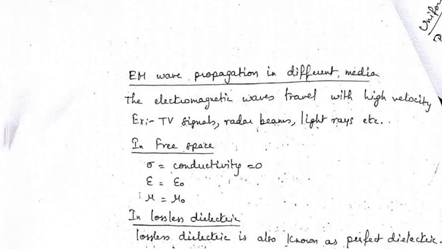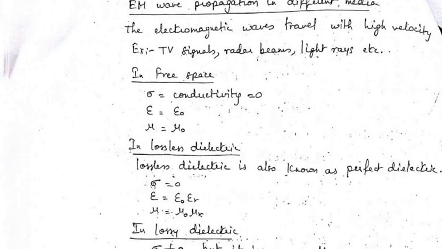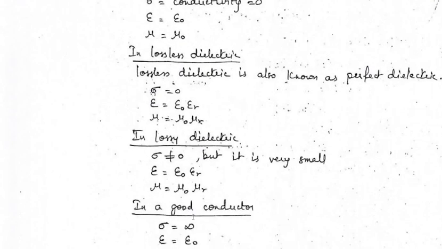This is the next topic, electromagnetic wave propagation in different media. For free space, we write the conductivity sigma is equal to 0, epsilon is equal to epsilon naught, mu is equal to mu naught. In a perfect dielectric, sigma is equal to 0, epsilon equal to epsilon naught into epsilon r, mu is equal to mu naught into mu r.